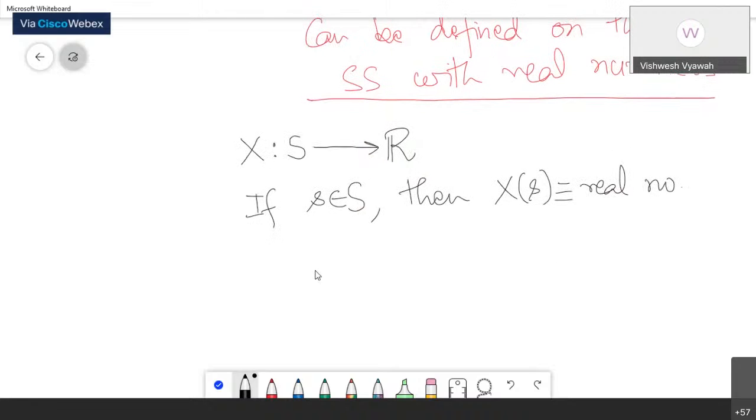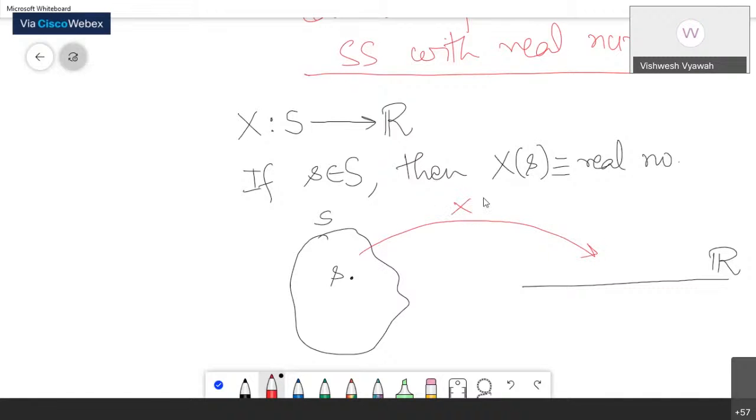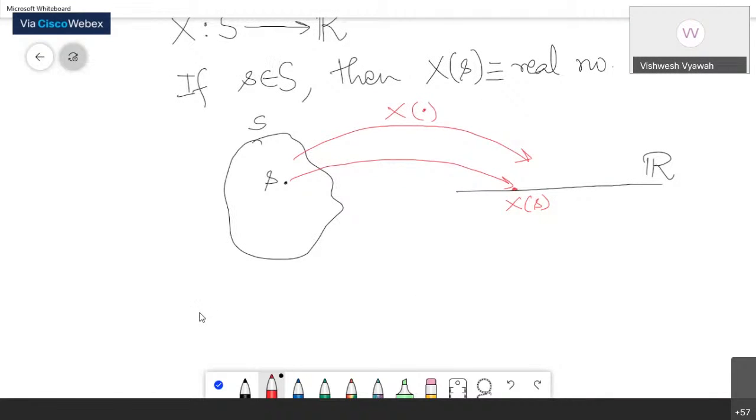Pictorially, this may make the idea clear. This is my sample space S, this is small s sitting here, and this is R. I will define a random variable, so this s will go to some number here, which is nothing but X of s, and this is a real number: 0.3, 1.2, minus 2.3, whatever it is, it's a number. I hope this diagram makes things clear.